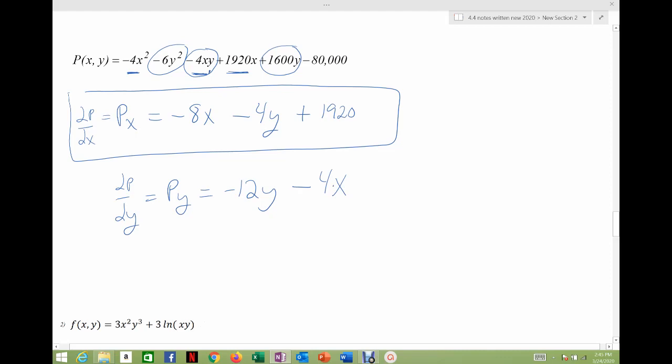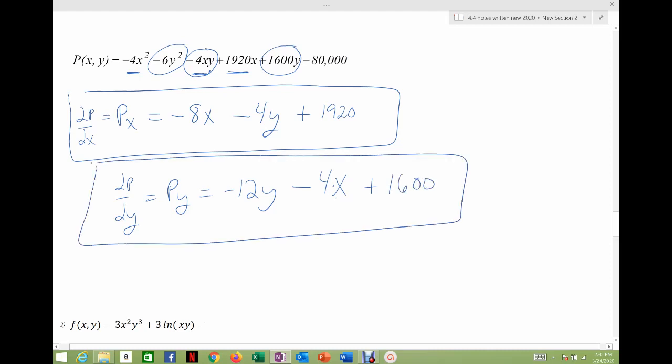Derivative of just y is 1. So it'd be negative 4x times 1. I'm leaving off the times 1, because when we multiply by 1, we just get the original expression. Next term zeroes out, no y, and so the last y term is the 1600y. The derivative of 1600y is 1600. The 80,000 zeroes out. It is a constant, and there's the derivative with respect to y.